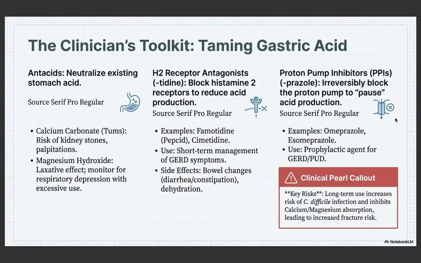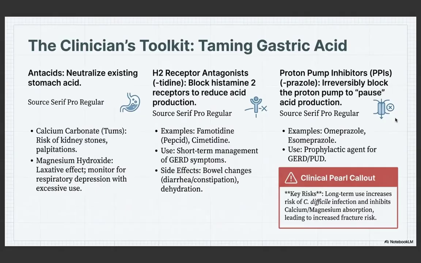and constipation is very commonly what we see with the Pepcid. PPIs, they're going to pause that acid production, and kind of irreversibly block it. The other thing to remember with our omeprazole is that they're going to block our very important bone electrolytes. So with long-term use, they're at increased risk for fractures and osteoporosis.